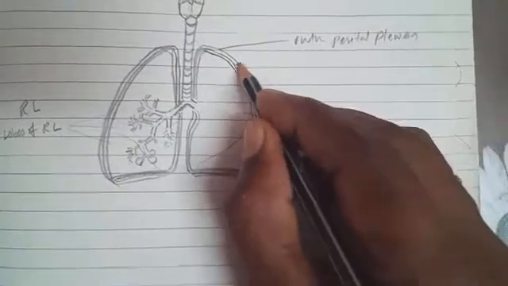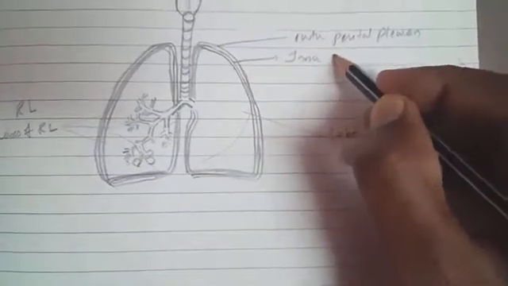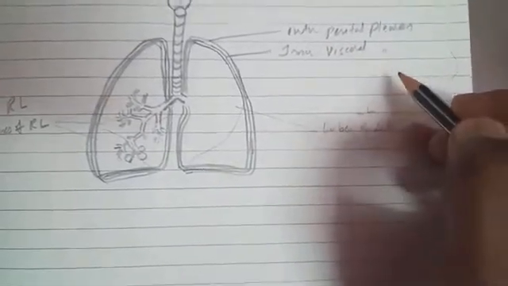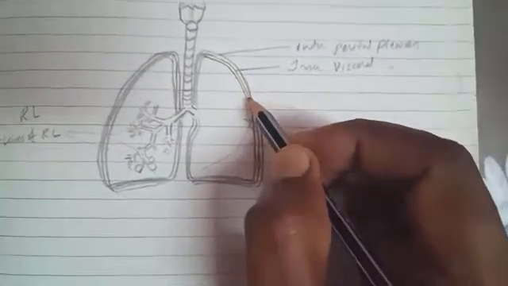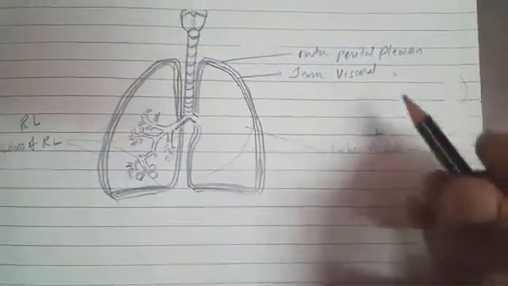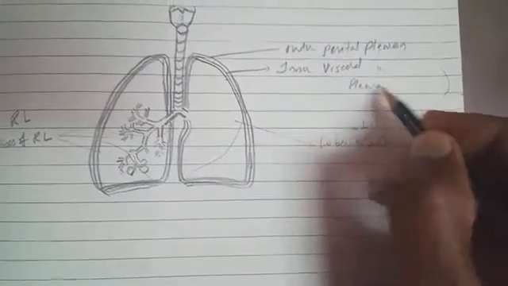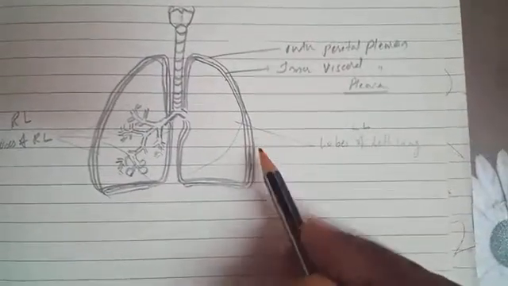And the inner membrane, the inner one, is called the visceral pleura. These are the two membranes, exclusively called pleura. Yes, pleura. And these are the two lobes I have mentioned.